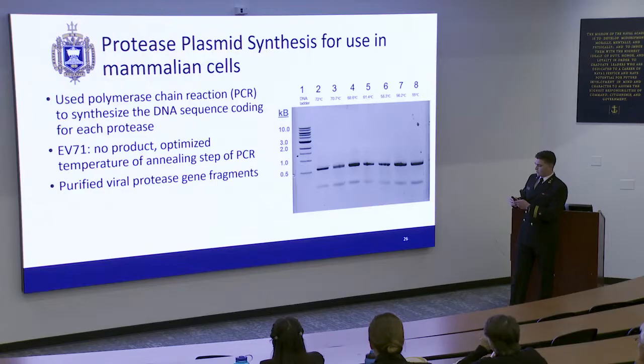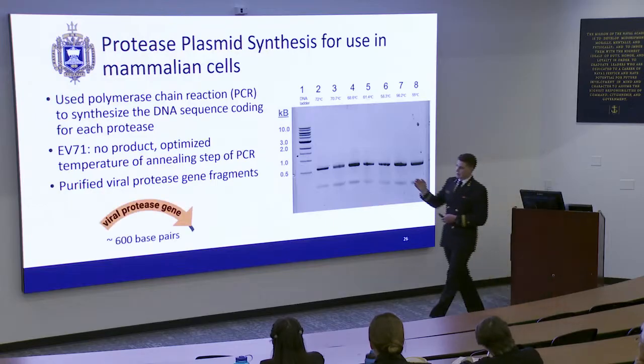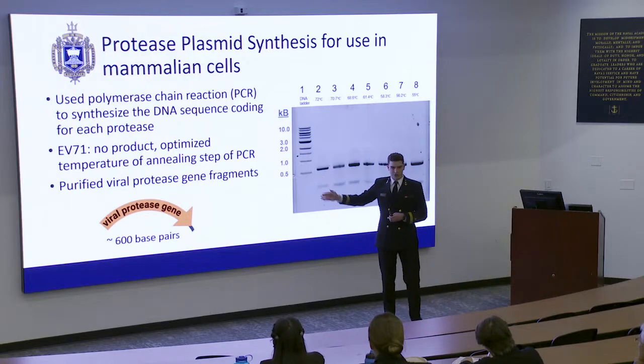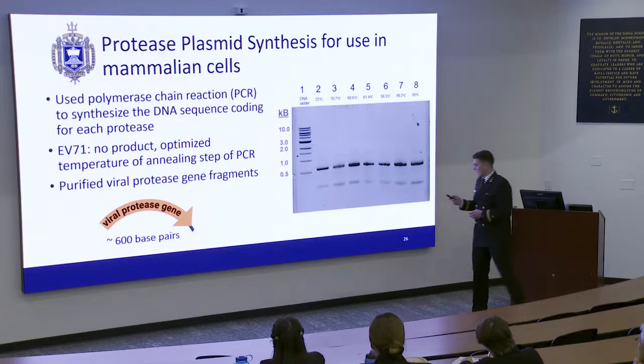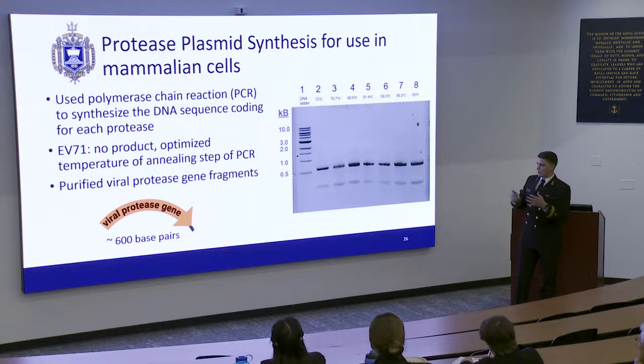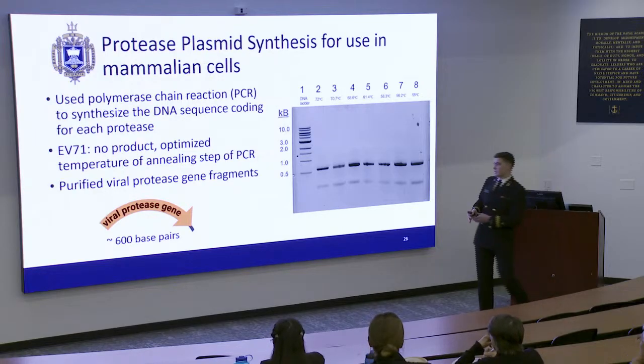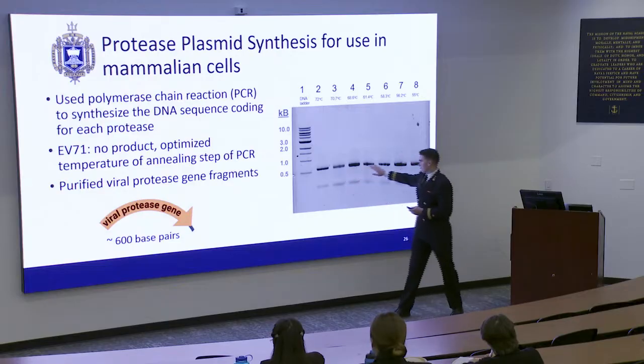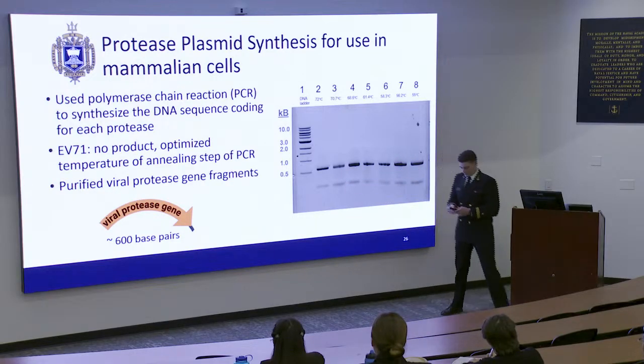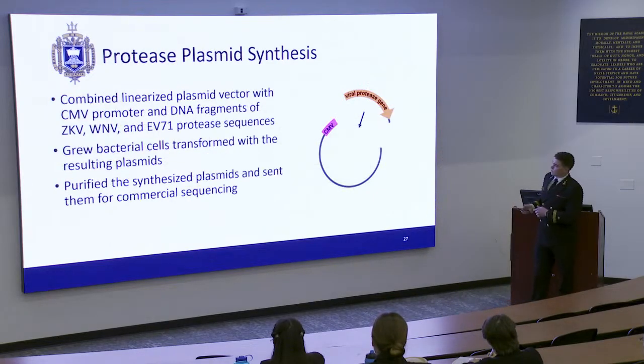So first we had to actually get that viral protease gene. And initially it didn't work. We had to optimize the PCR, especially for the EV71 gene. But eventually we had these about 600 base pair fragments of the viral protease gene DNA. And then we were able to insert that into a linearized vector that allows for these proteins to be expressed in mammalian cells.